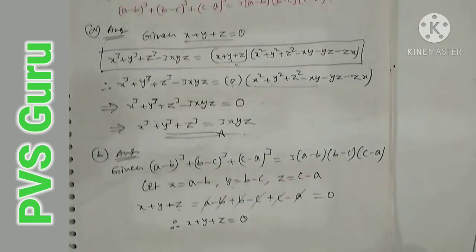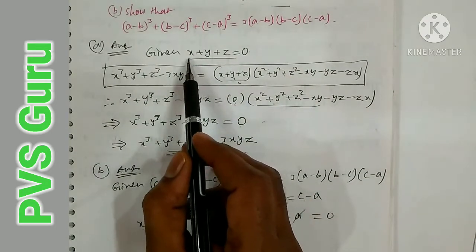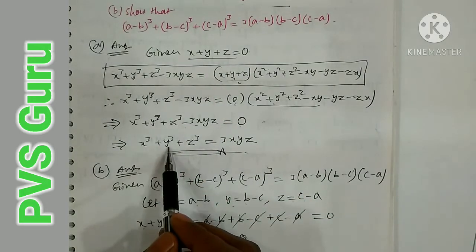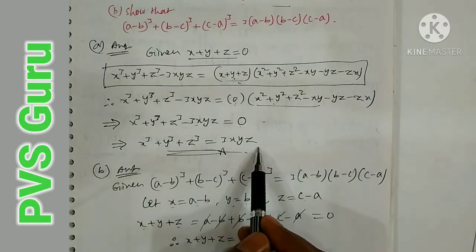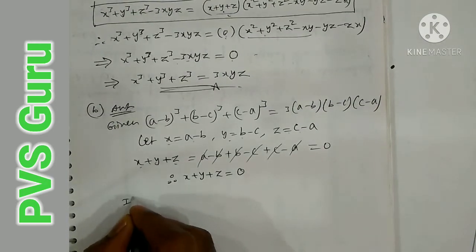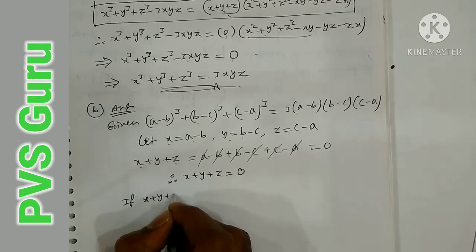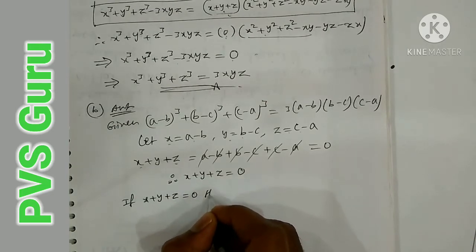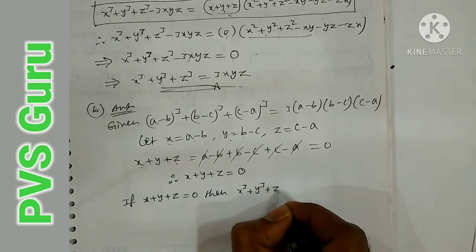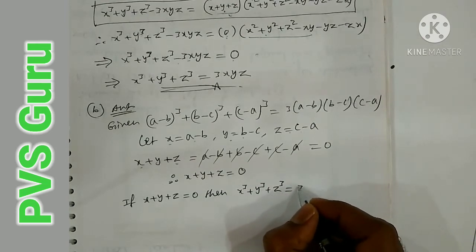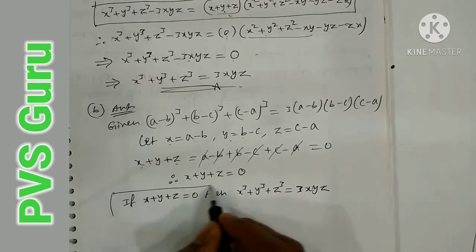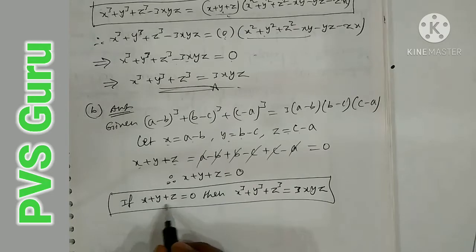So from the above problem, if x plus y plus z is equal to 0, then x cube plus y cube plus z cube is equal to 3xyz.